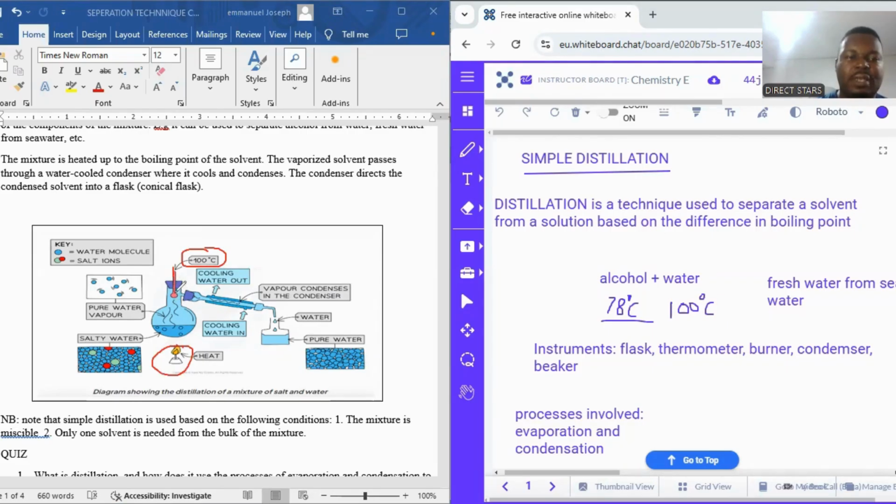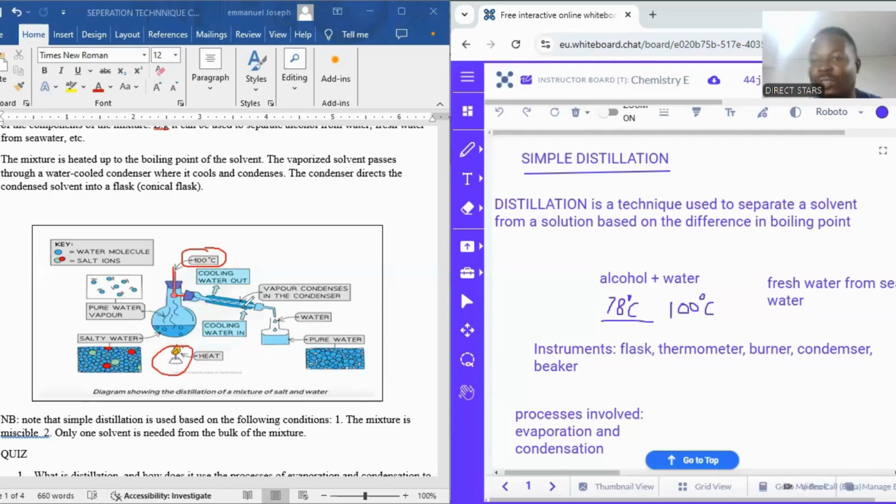The vapor from this boiling salt water now moves into what we call the condenser. What will the condenser do? The process of converting your liquid to vapor is known as the first process, evaporation. Then when this vapor gets into the condenser, the condenser condenses this vapor.